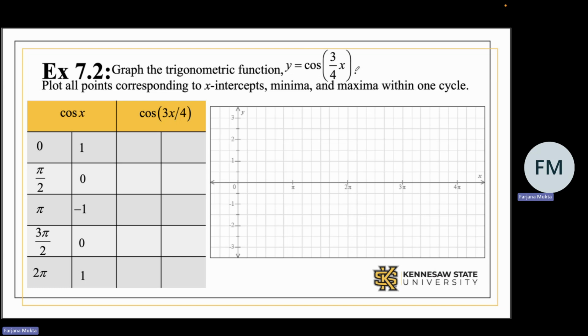Yeah, so in this example, as we have seen, we are having horizontal shrink or stretch as we are multiplying by a constant 3/4 inside the function. So because of that, we'll have horizontal shrink or stretch.